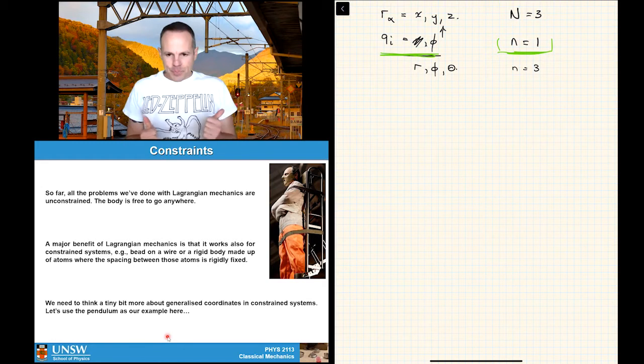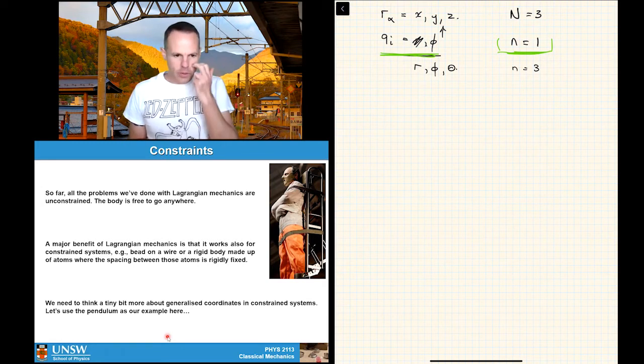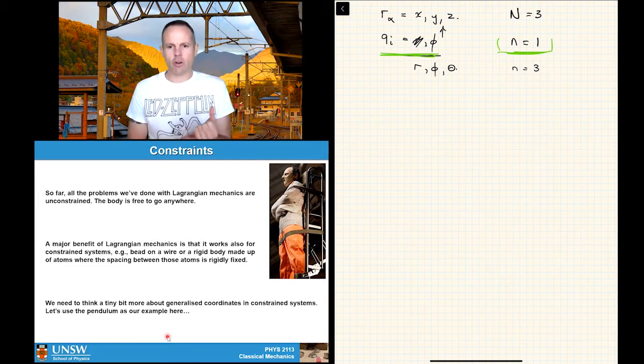Okay, so we just dealt with constraints, and what I want to do in this lecture is start out by defining a couple of terms, mostly because one, I will use them again later on, and two, if you go on to do a lot more mechanics, you'll see these terms come up again and again. And then at the end, I want to finish off by doing the final derivation of Lagrangian mechanics, which is to show that Lagrange's equations still work with forces of constraint.